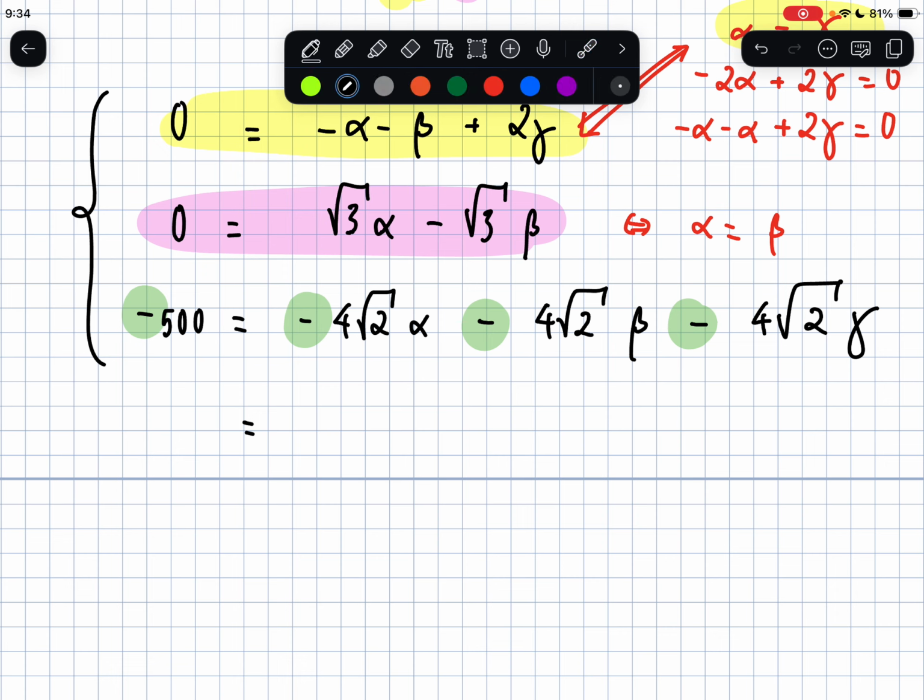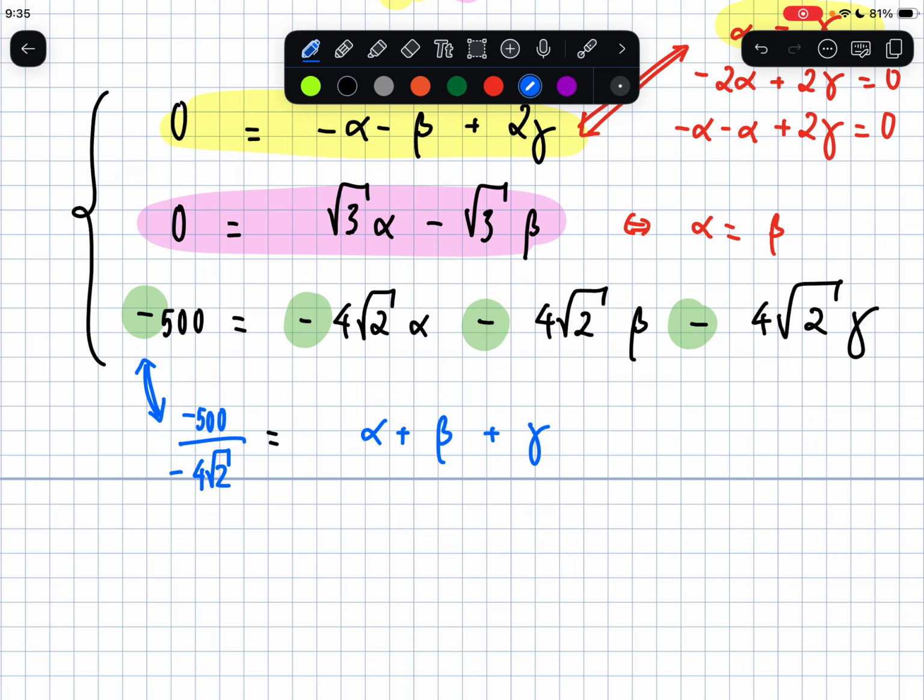So the third equation: minus 500 divided by minus 4 root 2 equals alpha plus beta plus gamma.